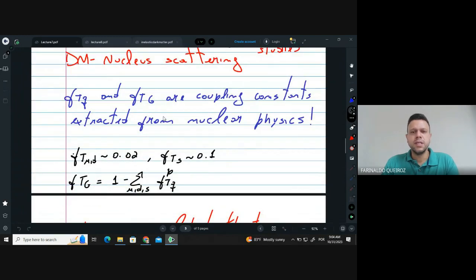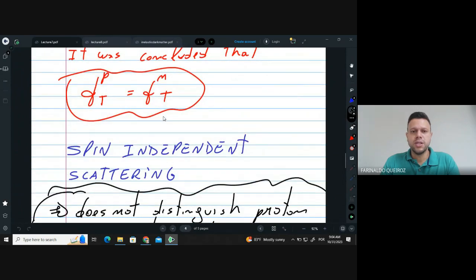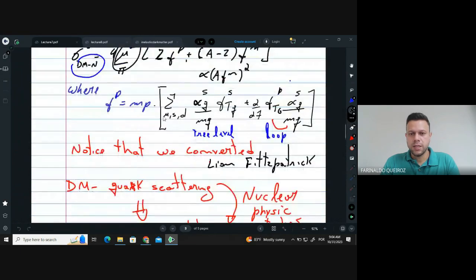It's just by a simple relation with the reduced mass, one for the nucleus, one for the nucleon, proton or neutron. And as experimental collaborations do, you assume that the couplings with protons and neutrons are the same.